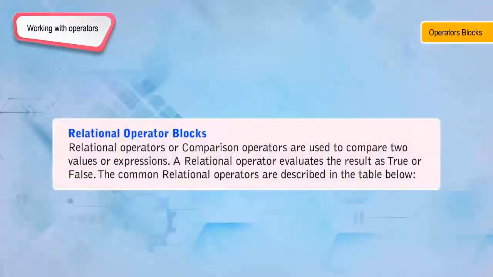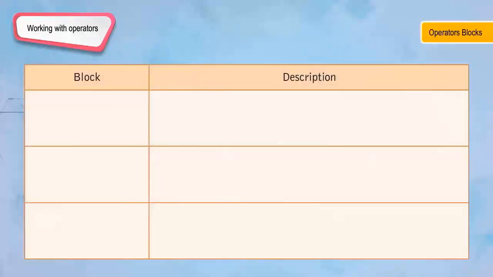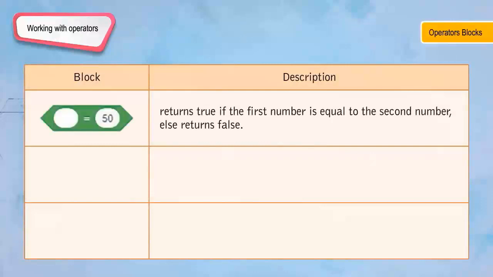Relational operator blocks. Relational operators or comparison operators are used to compare 2 values or expressions. A relational operator evaluates the result as true or false. The common relational operators are described in the table below. Block description.